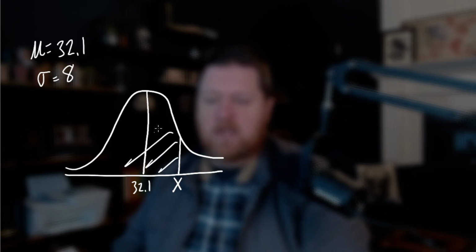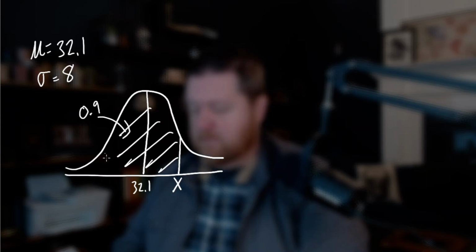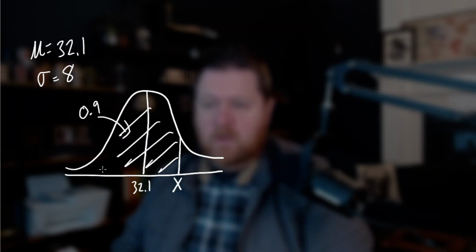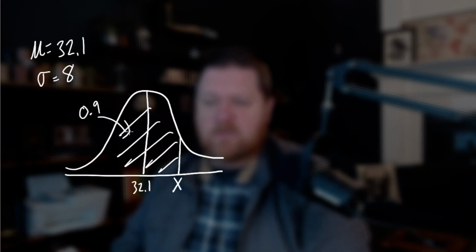So this area here, that whole area is 0.9. Well, this is basically the same problem that we worked a minute ago. In this case, we don't have to do any weird stuff. It's already given us the area to the left. The area to the left is 90%. So I need to go look up a z value where the area to the left of it is 90%. We did that just a second ago, right? That's the exact same problem that we worked.